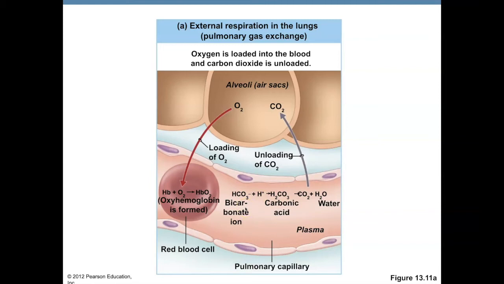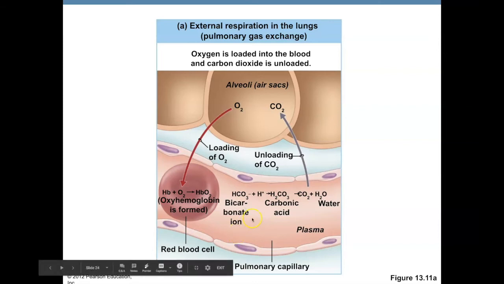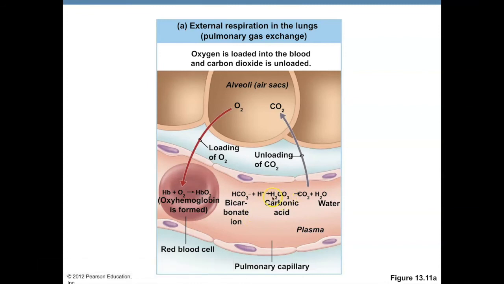We have certain enzymes that help us turn it into carbonic acid, and our bloodstream can handle carbonic acid a lot better. But when we have to get rid of that carbon dioxide, it has to transfer back into CO2 in order to diffuse through the capillaries and into the alveoli. So as this carbonic acid gets to the capillaries of the alveoli, it's going to revert back to CO2 so it can diffuse back into the alveoli.